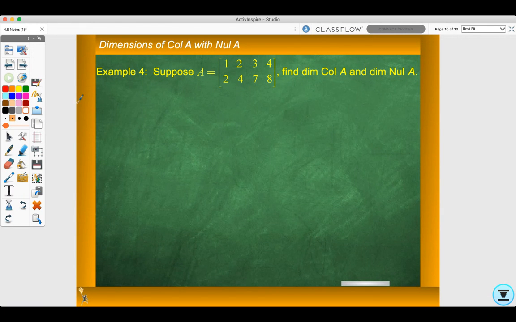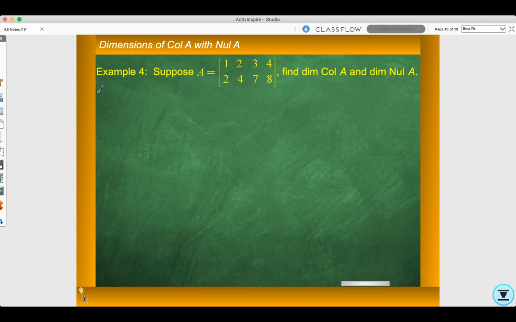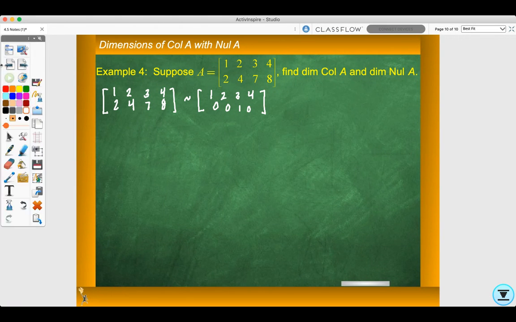So first, let's find the dimension of Col A. When I row reduce this, I can take negative 2 times row 1 and add it to row 2 and get the reduced matrix, and these are my pivot columns right here.